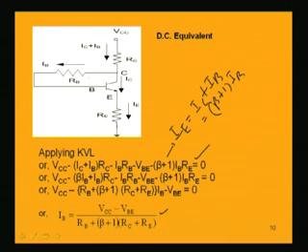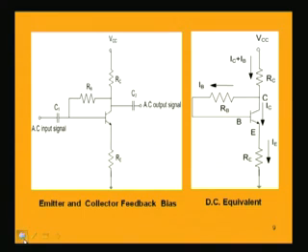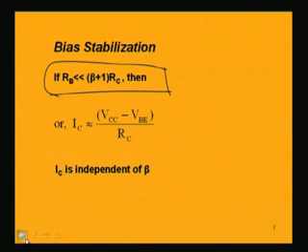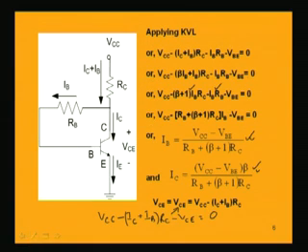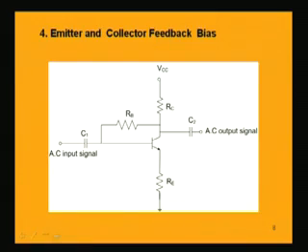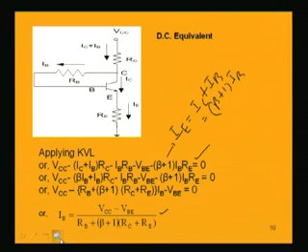Compared to the earlier collector feedback bias scheme, where we had RB plus (beta plus 1) RC, in this scheme the RE term will come in the denominator in addition to RC.